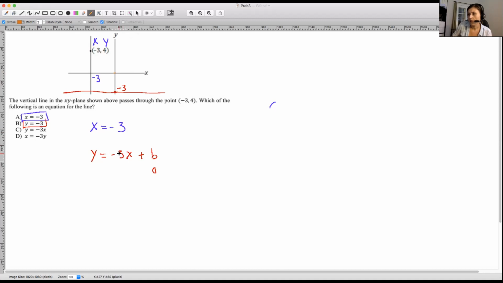And then -3x, so the slope is going to be -3 divided by 1.